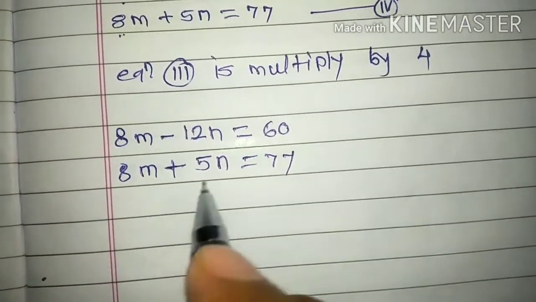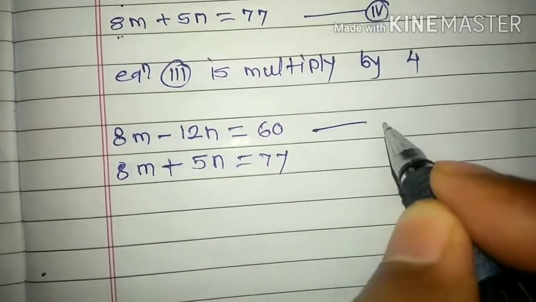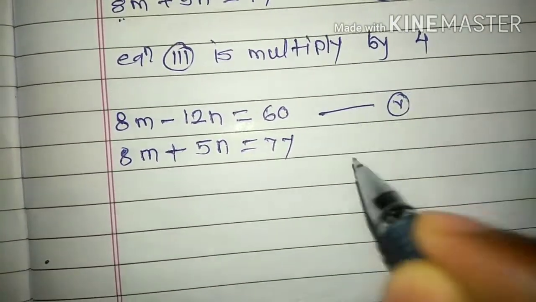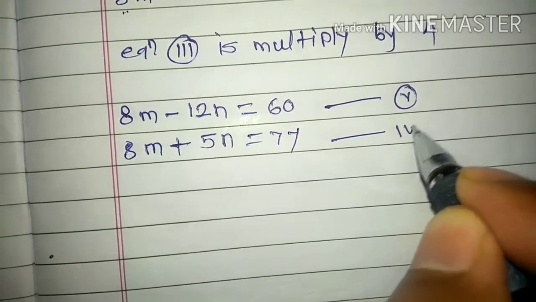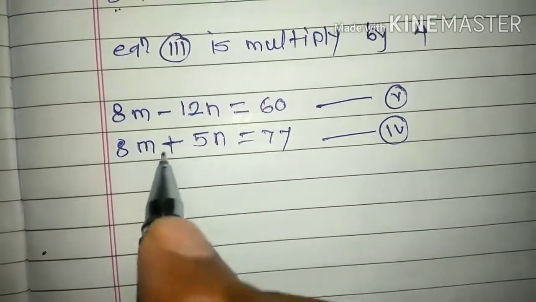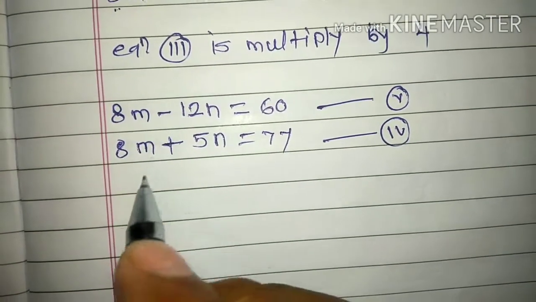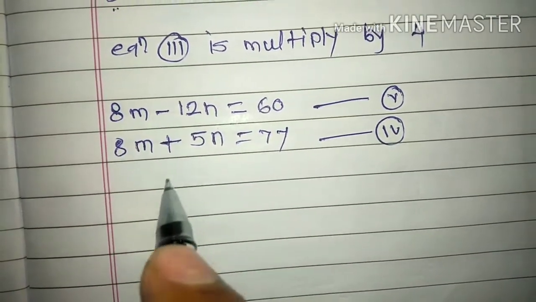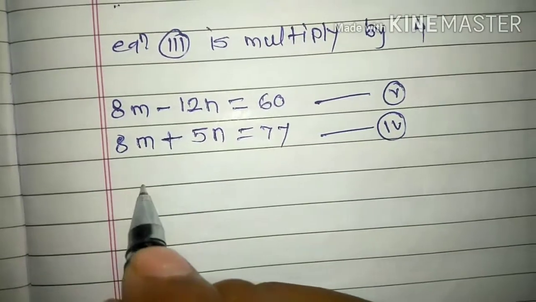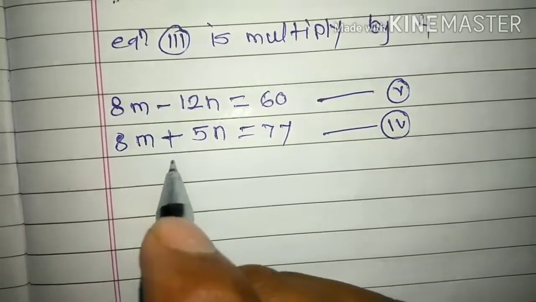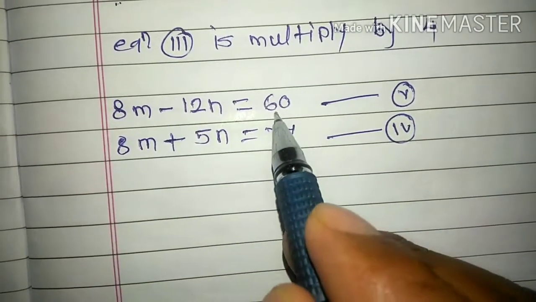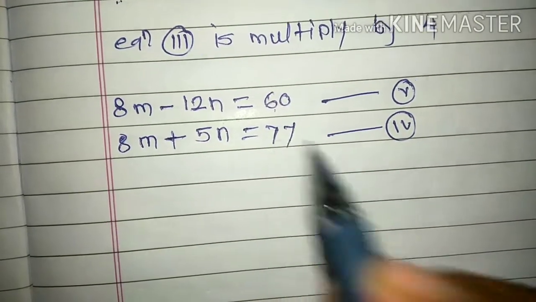This is the equation number 5 and this is the equation number 4. Now subtracting equation number 5 from equation 4.